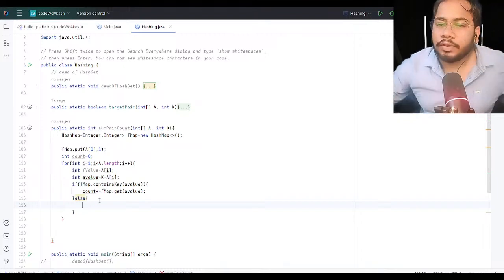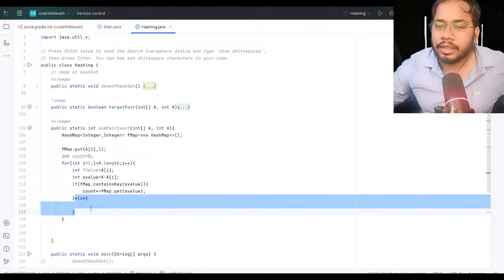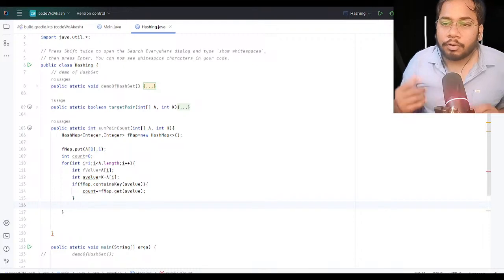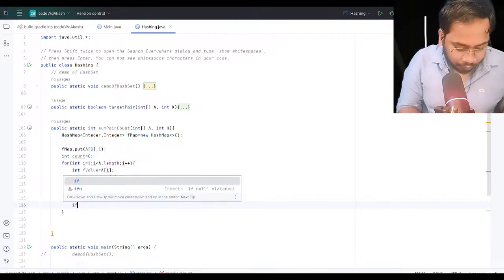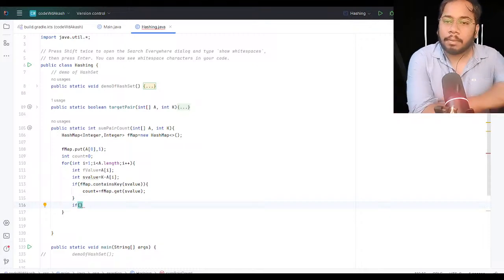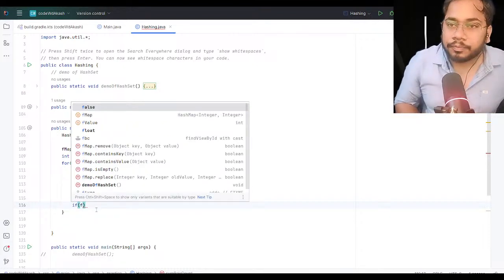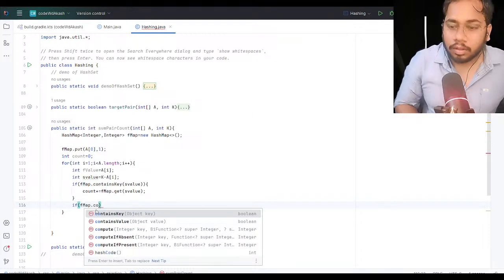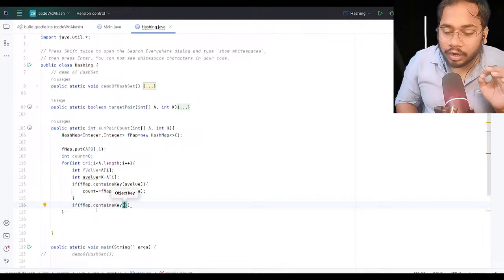Here we will not need any else, because we don't have to do anything with the second value now. We have to do something with the first value. We have to check fmap dot contains key.